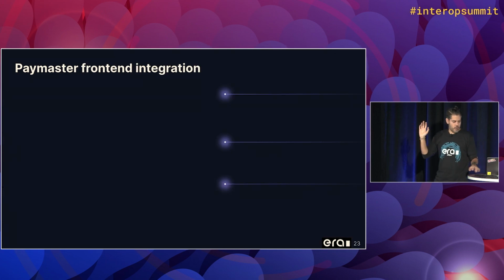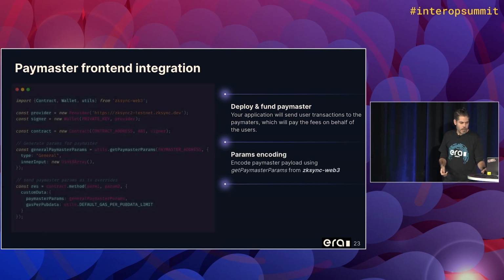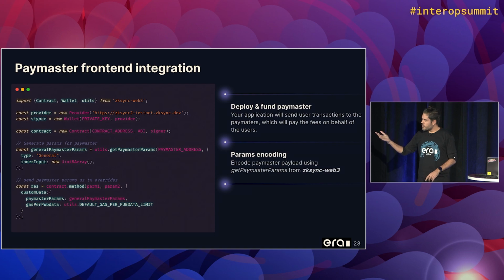So okay, you have your smart contract. Obviously, you have to deploy it and you have to fund it. As we said, the Paymaster is the one that is paying, so you have to fund it with some ETH. From a front-end point of view, you have to encode the Paymaster parameters that your users will use.